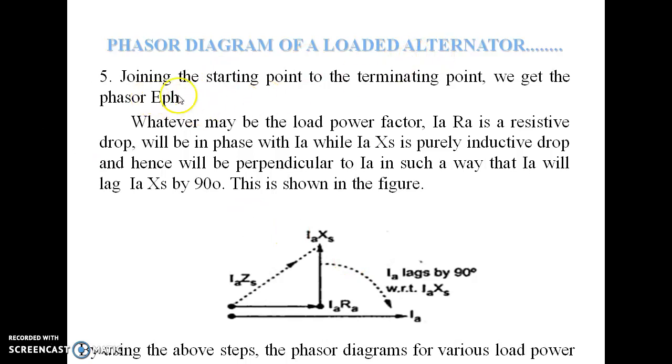Now, joining the starting point to the terminating point, we get the phasor EPH.